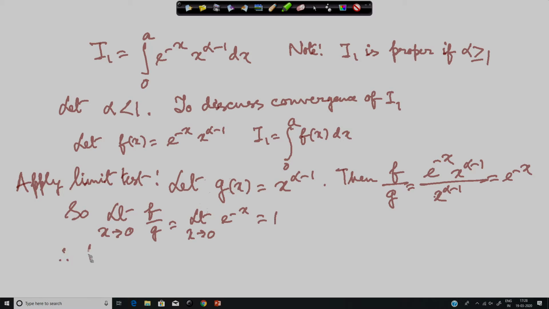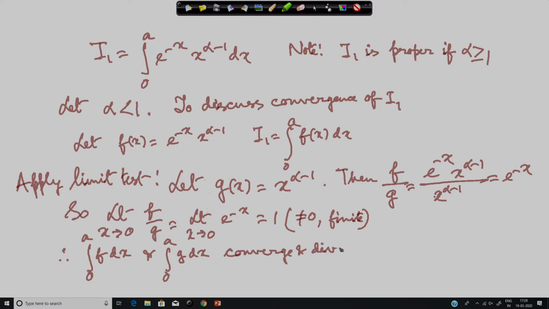Therefore, the limit is not equal to 0 and is finite. So, if you remember the statement of the limit test, then integral 0 to a f dx and integral 0 to a g dx converge and diverge together.